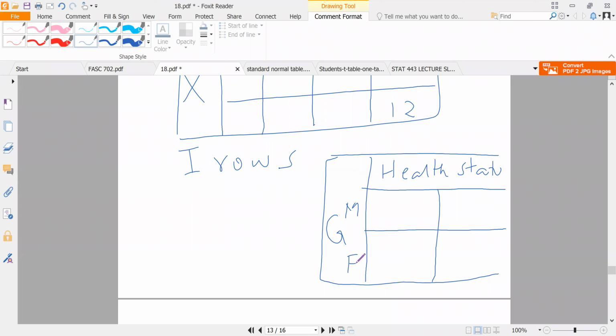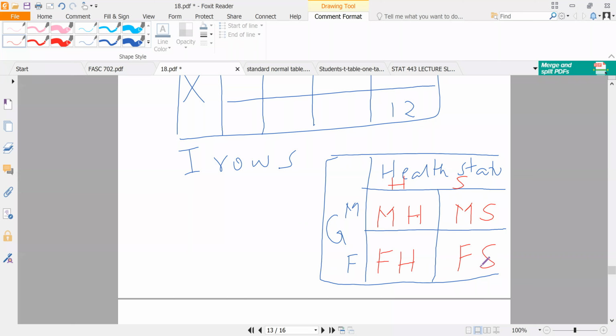In the health status, you can be healthy, H, or sick. So the cells in here are possible combinations of the possible outcomes. You can be male and healthy, or male and sick. You can be female and healthy, or female and sick.